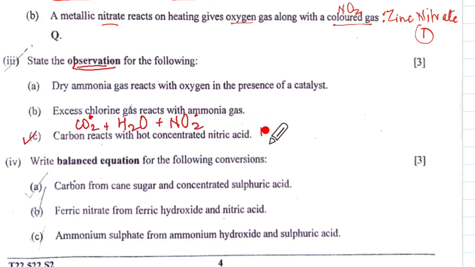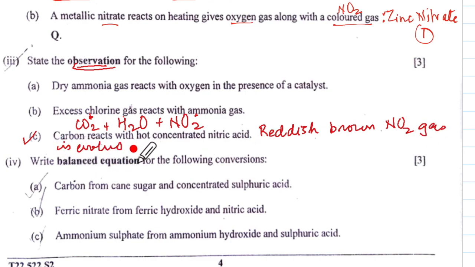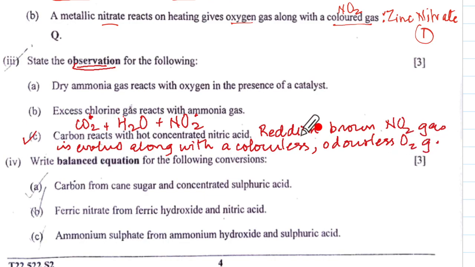So we'll write reddish brown nitrogen dioxide gas is evolved along with which other gas is there? CO2. And we'll have along with a colorless, odorless CO2 gas. Okay, that should be enough. We don't have to write as lime water milky because we have a mixture of NO2 and CO2. There are two gases here.